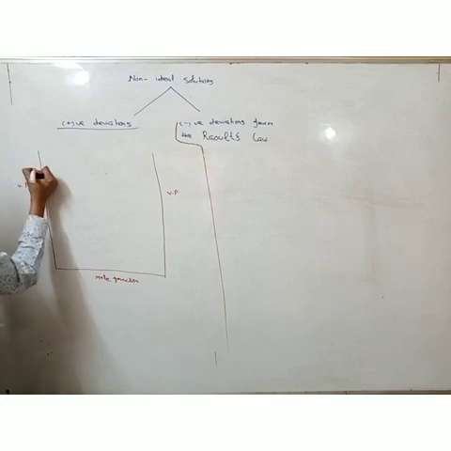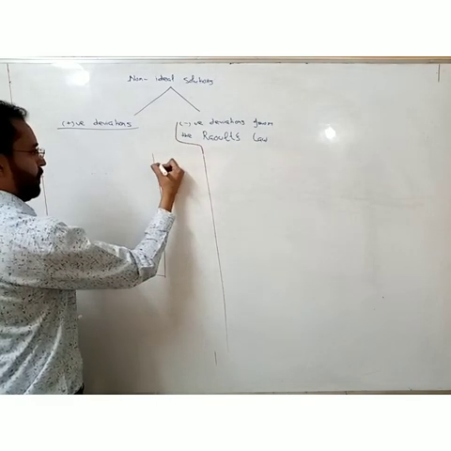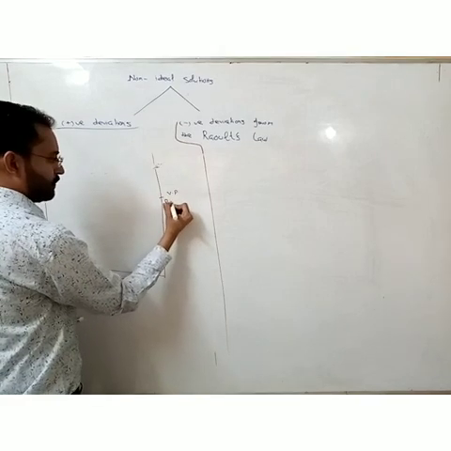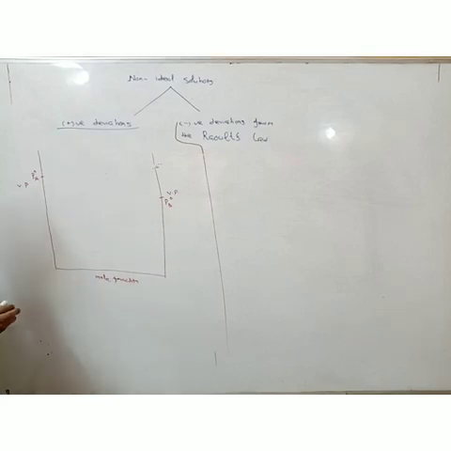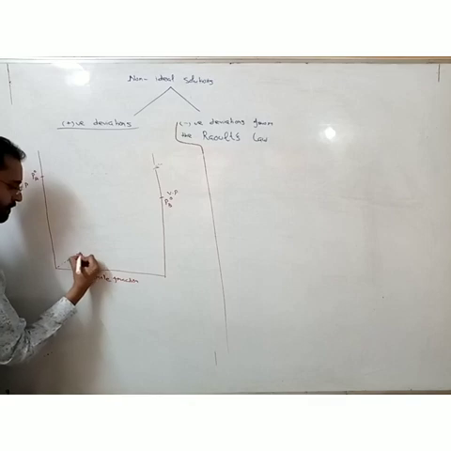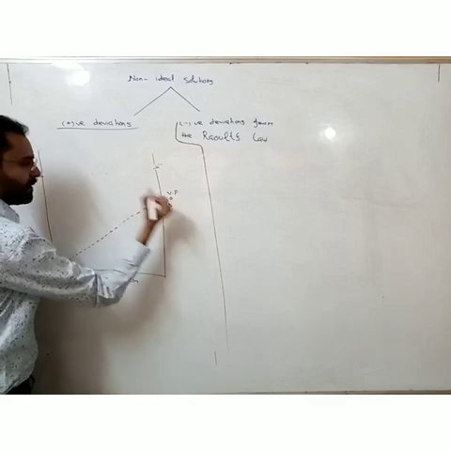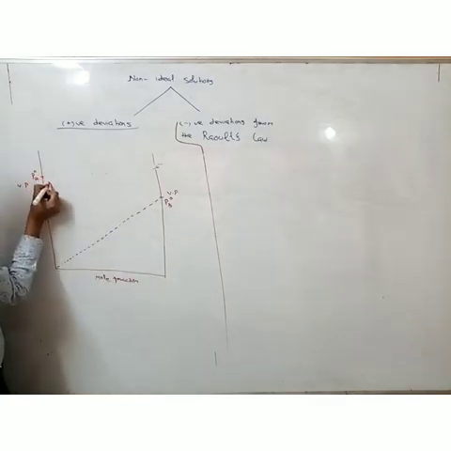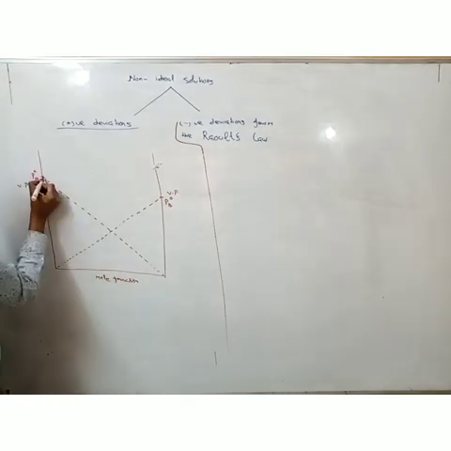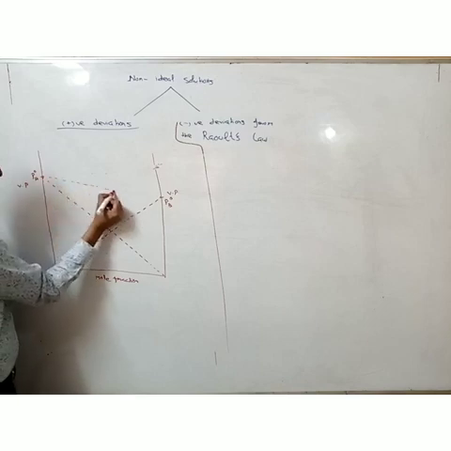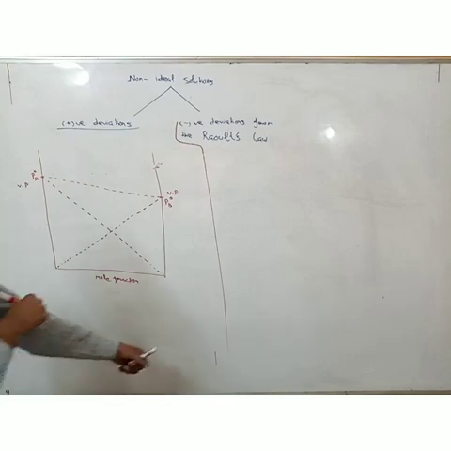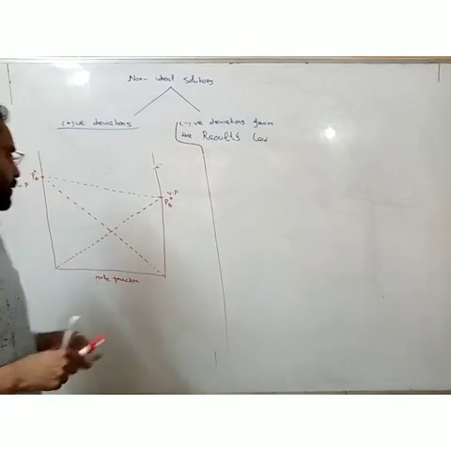Vapor pressure of component A, and this will be vapor pressure of component B. In the ideal case, these dotted lines represent an ideal solution.